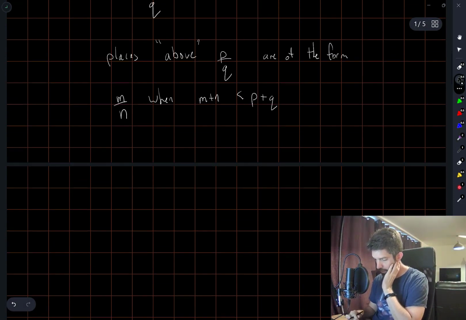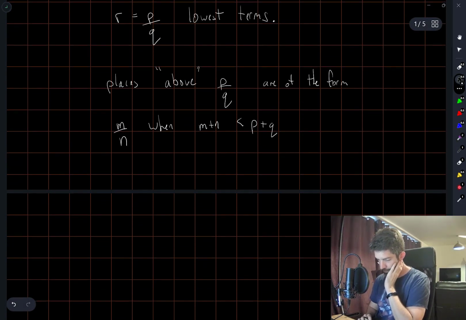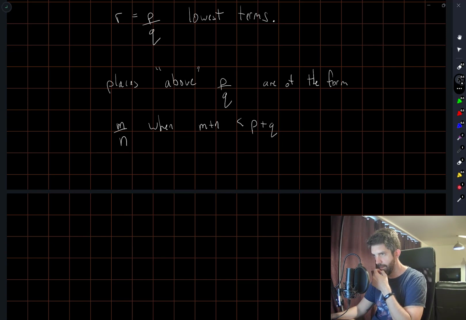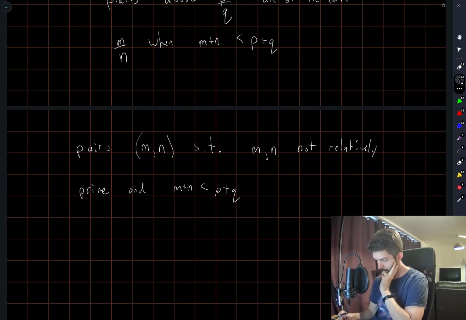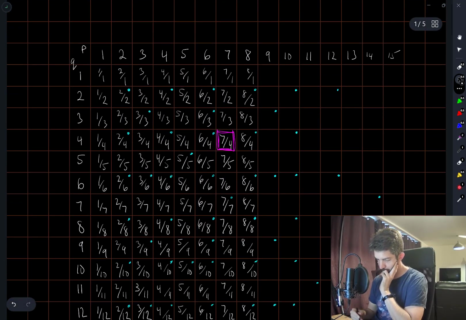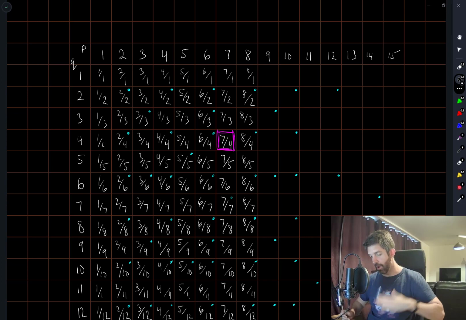So we would need something along the lines of pairs m and n such that m, n are not relatively prime. So that's how many dots there are to the top left of this diagonal.